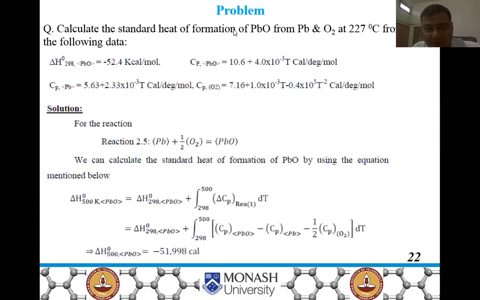Now we will discuss one problem. Calculate the standard heat of formation of PbO from Pb and O2 at 227 degrees centigrade from the following data.